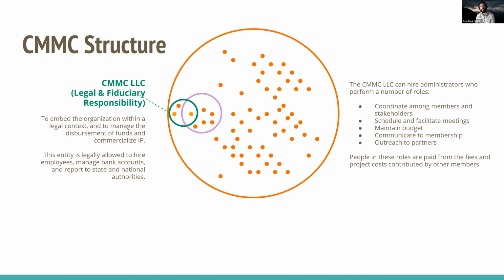But it's important to note that in a traditional structure, usually it would be the LLC, the people within that, the ownership structure who have the authority. In this case, that body actually responds to how the steering group guides them.